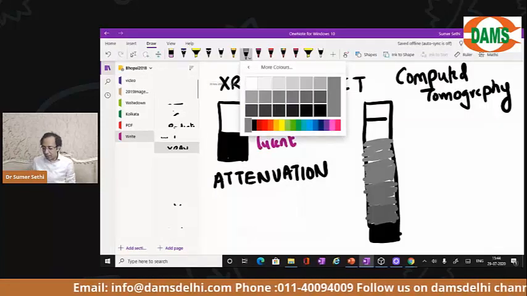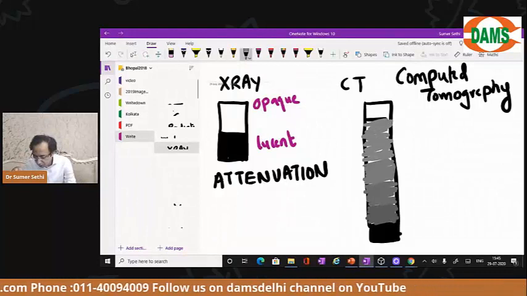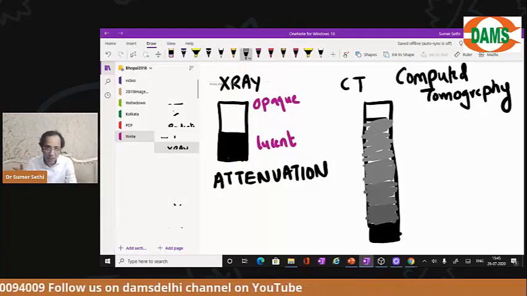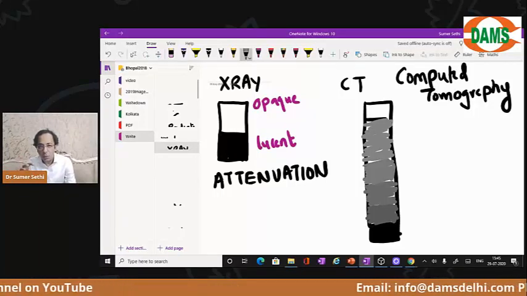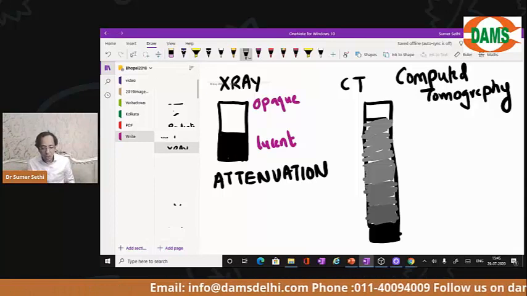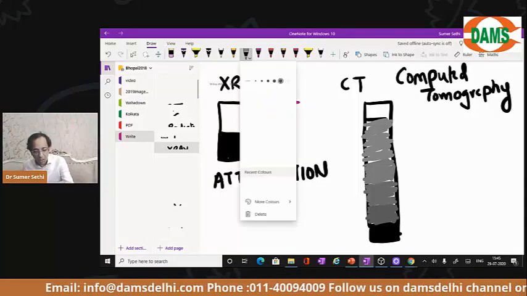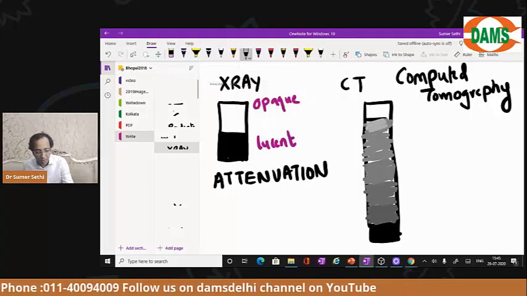Now let's imagine again, on an X-ray, okay, I'll explain to you, but don't worry, Kalpana and all, I'll answer your questions, but listen to me first. On an X-ray, a tissue will appear either opaque or lucent, either black or white. On a CT scan, we have more shades of gray to represent the different structures.